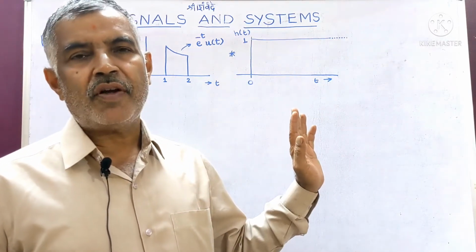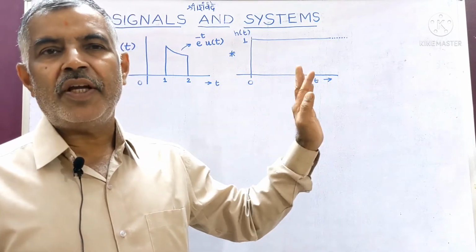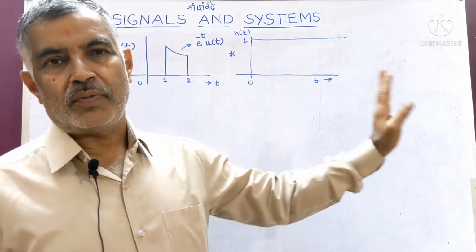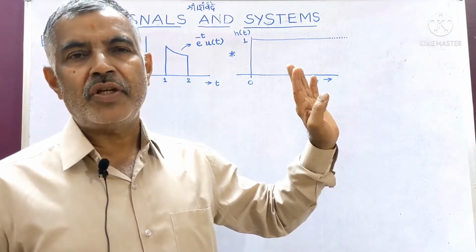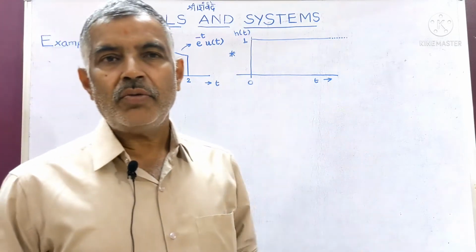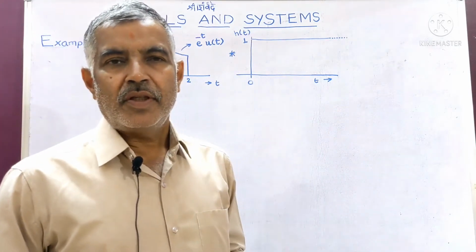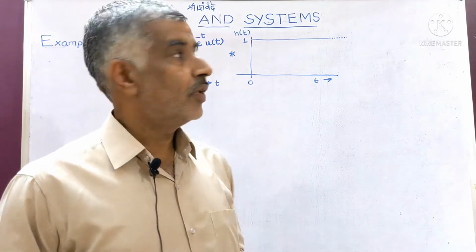Whenever the waveform goes towards zero at t equal to infinity, they cannot have both edges. Whereas in the coming examples, I will take up waveforms with two edges.